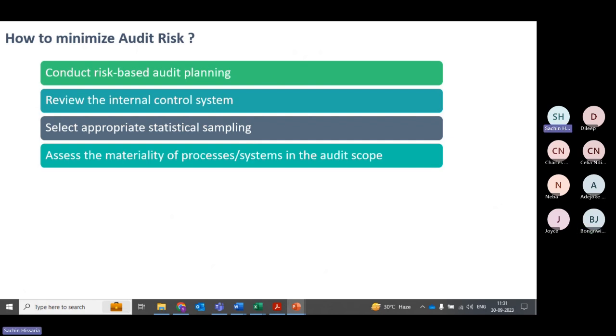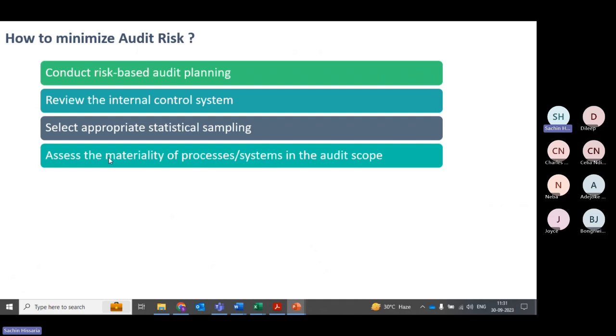It is very important for us to select the appropriate sampling. For that also I will tell you how to select the samples, and what things need to be considered while selecting the sample. And as an auditor, you will assess the materiality of the processes and the system in the audit scope.